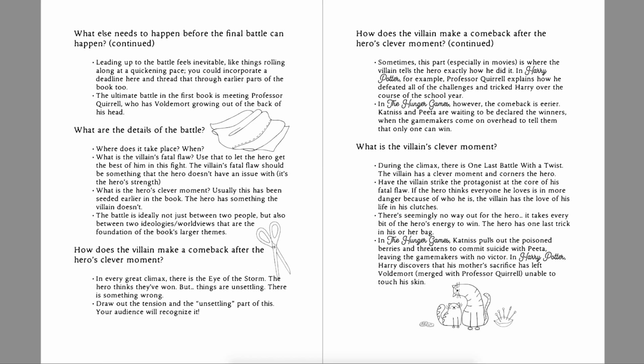So the details of it, I've talked about this a lot as well. These specific beats, like the villain's fatal flaw and the hero's clever moment. This is something I haven't talked about. The battle is ideally not just between two people, but also between two ideologies or worldviews that are the foundation of the book's larger themes.